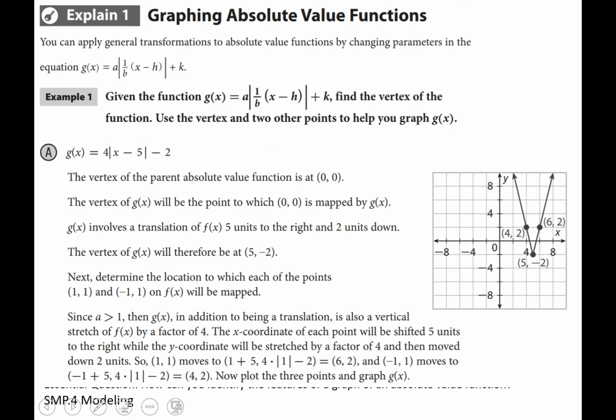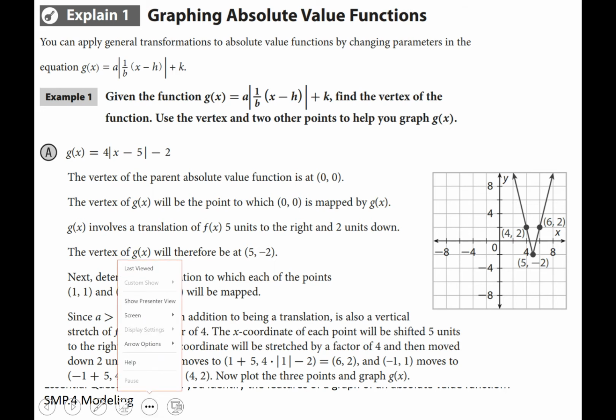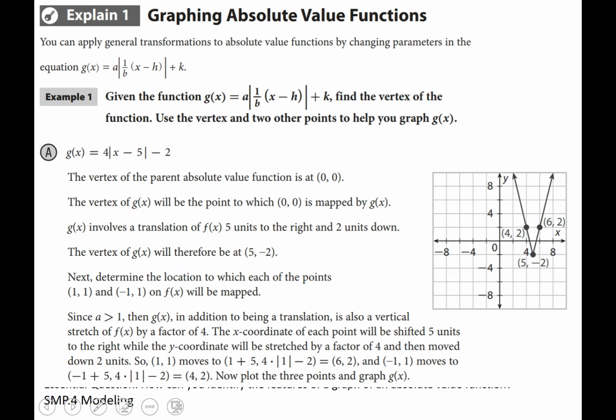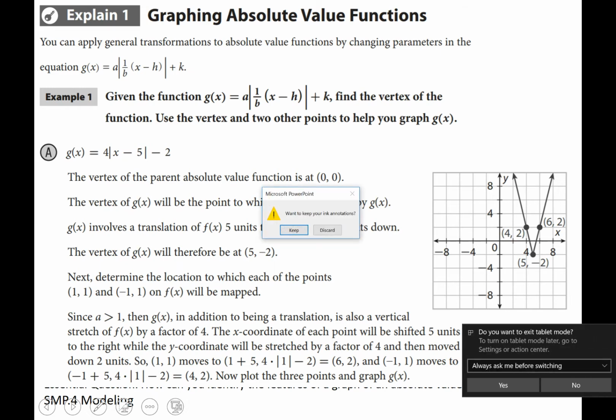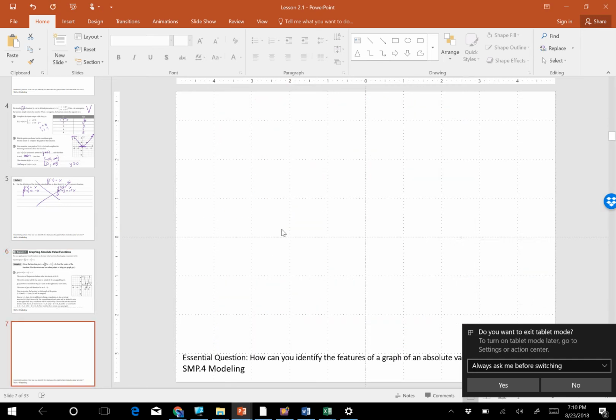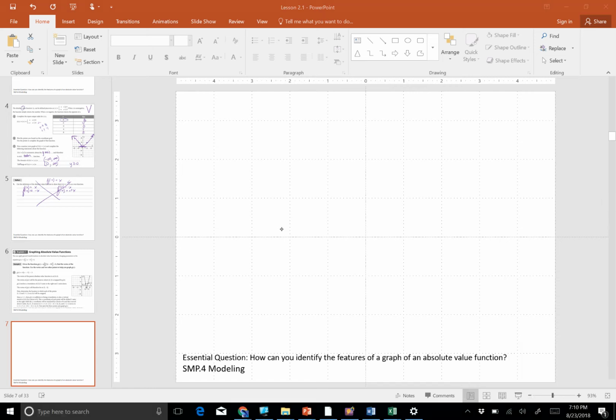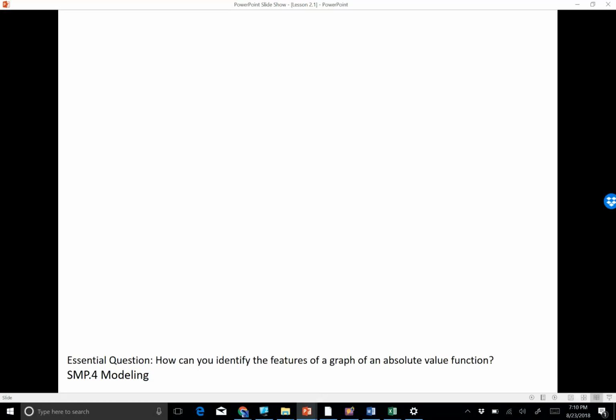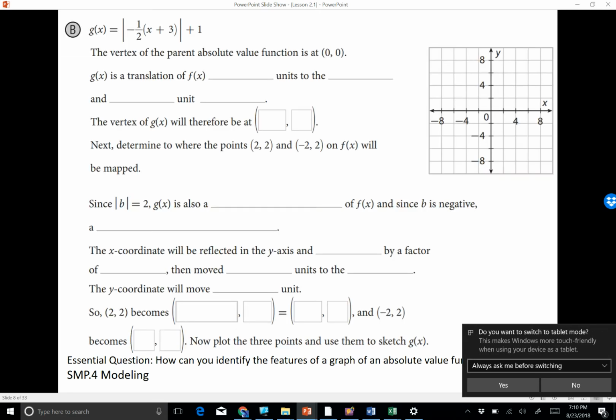Before we go too far into this, actually, let me see. Let me hit this really quick. Actually, I think I can get out of it. I want to do Control M. Okay, so let's talk really quickly about what we talked about with parabolas.